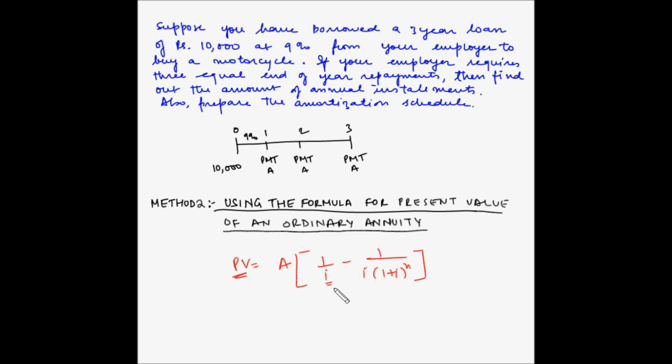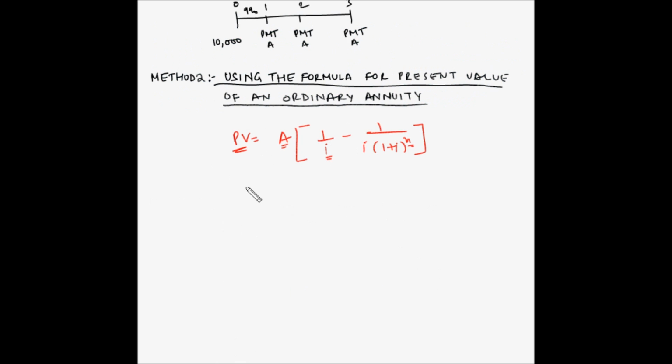We know the value of I, we know the value of n, and we have to find the value of A, which is nothing but the payment amounts. So let's plug in the values. 10,000 is equal to A into 1 divided by 0.09 minus 1 divided by 0.09 into 1.09 to the power n, and n here is 3.